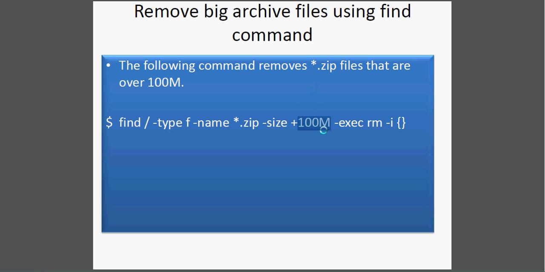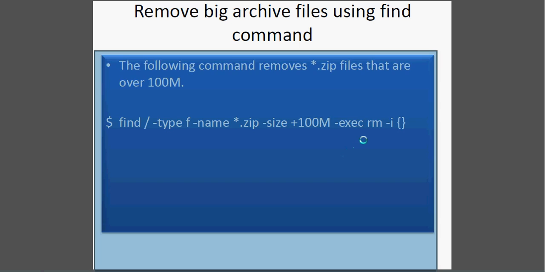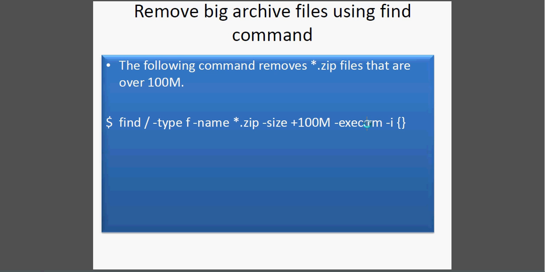I'm passing the output from this to the exec command, which does the removal of such files. And here the minus i option indicates it will ask the user whether you want to delete it or not. So this is quite a useful command if you have a large number of files and you want to delete them all at once. I have been using it for a long time, and it should be very useful.